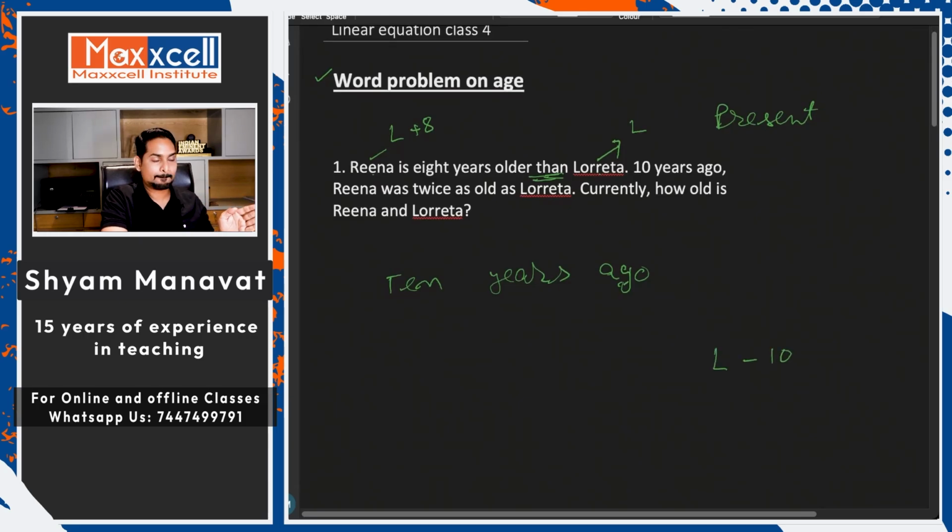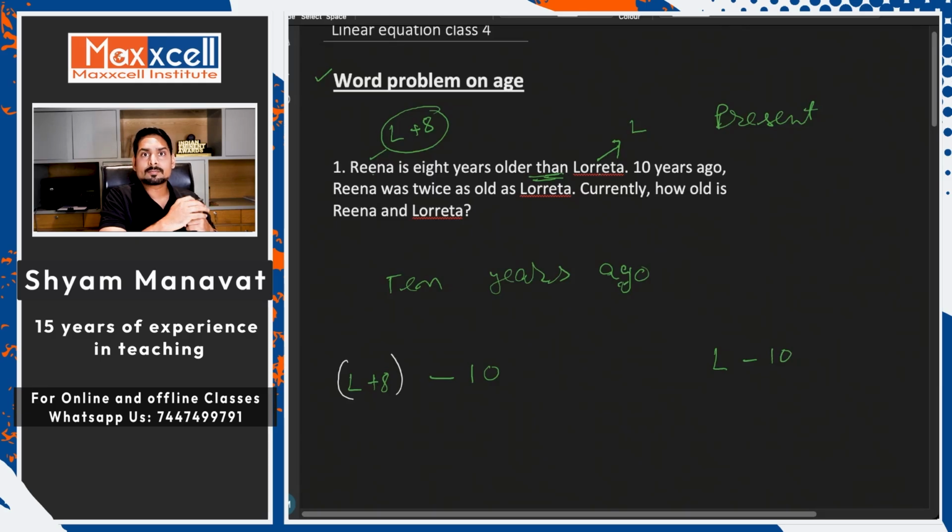L minus 10. Yeah. And Reena's age should be what? Present age of Reena, which we got L plus 8. 10 years back, this should be minus 10. When you say 10 years ago, it should be minus 10 in both of them.